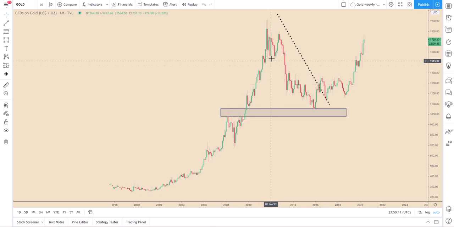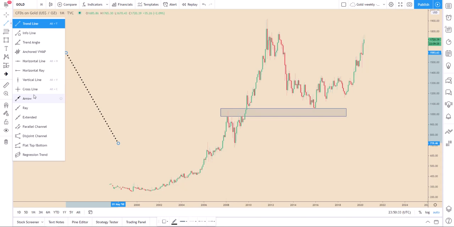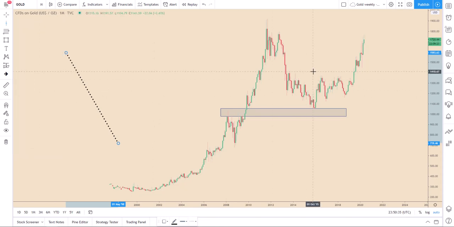We got this big bear market that ended in late 2015, December of 2015. That was the end of our big bear market in the precious metals. Let's get rid of that line, and just so we're all on the same page, let's draw right there.